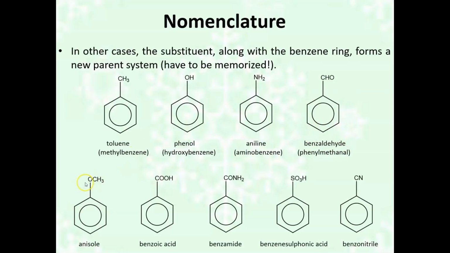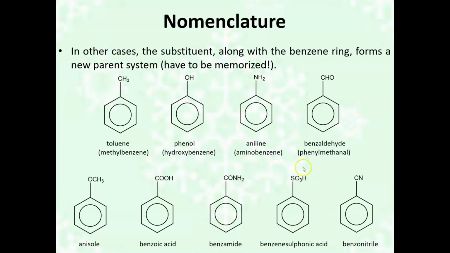Then we have the OCH3 methoxy group, so it's called anisole. Then with COOH, it's called benzoic acid. And then we have the amide group CONH2 attached to the benzene ring, and it's called benzamide.